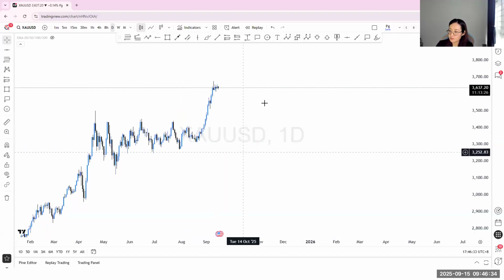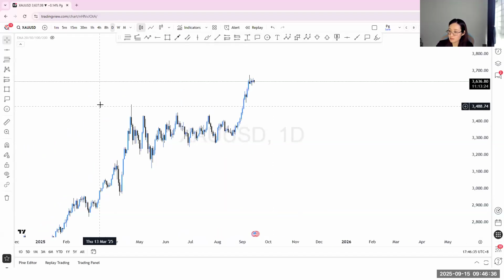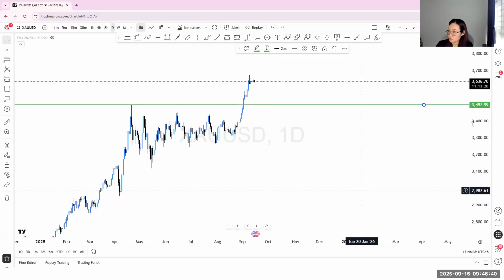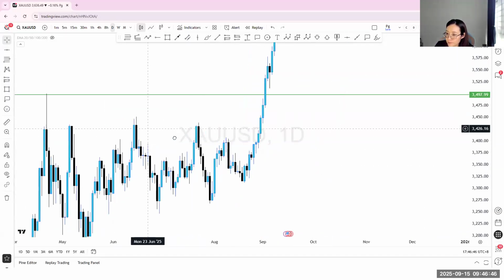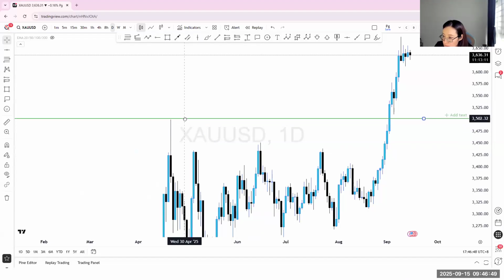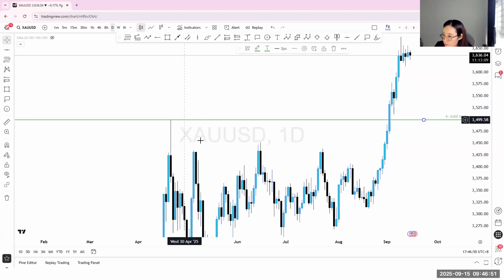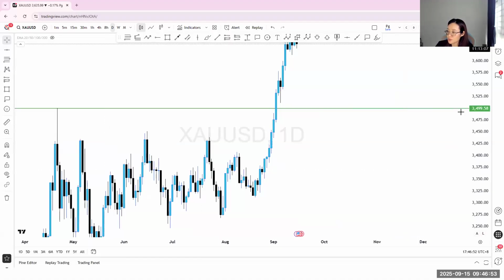Of course, before that, here we will identify this as our resistance level, right? At 3497. It used to be our all-time high. I'm going to put the zone somewhere here. Yeah, somewhere around that. Okay. Plus minus, we could just round it up to 3,500.